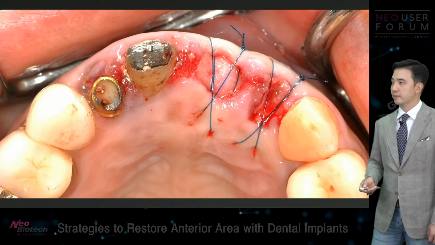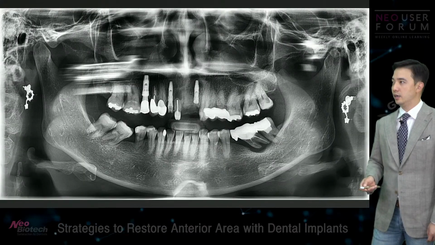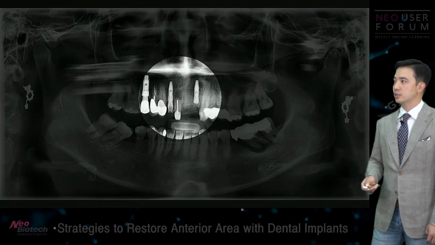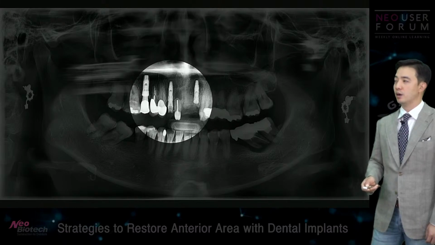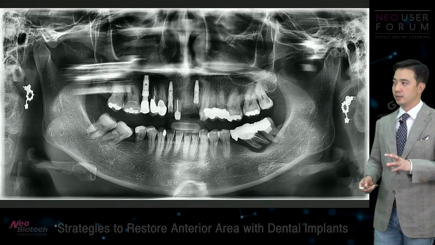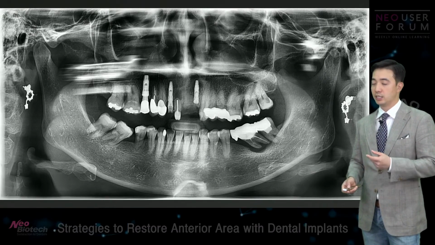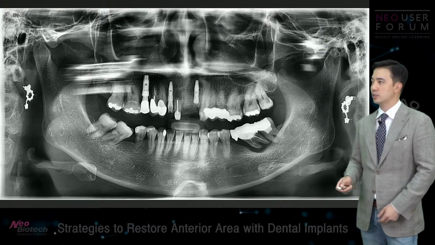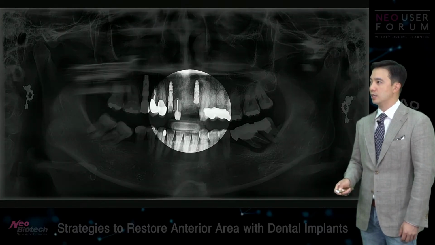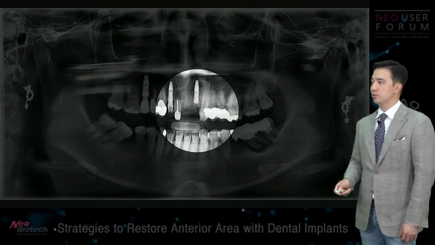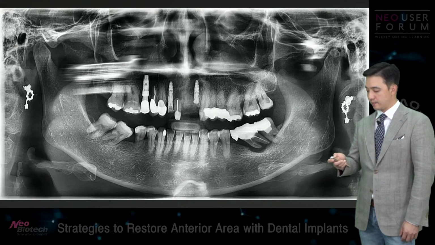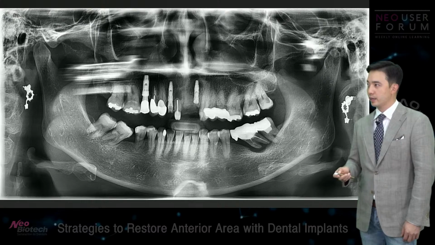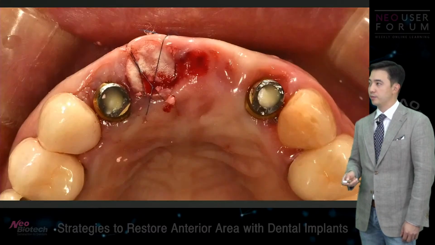So this time, the good thing was the number 12 implant already had a good ISQ value. So I used these two and cantilevered 21 and 22 for the provisional.